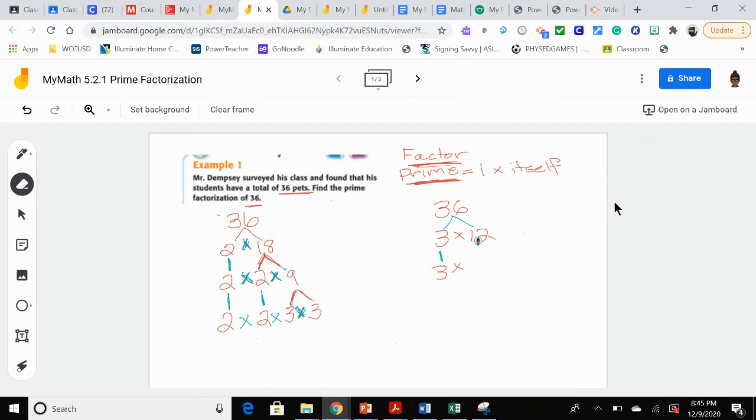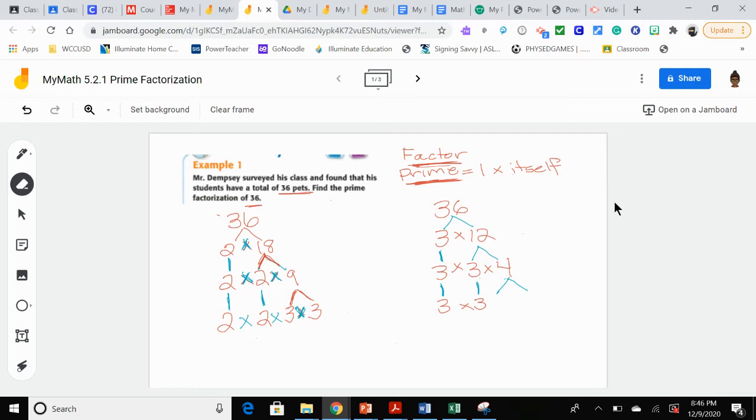I'm still going to find the factors of 12, and those are 3 times 4. Okay. Now I see that I have 3 as a prime, and I hope you understand these blue lines are not ones. They are just showing that you're pulling the number down. And I'm not making an arrow because that might be just too messy. So I'm just making these blue lines as I factor it out.